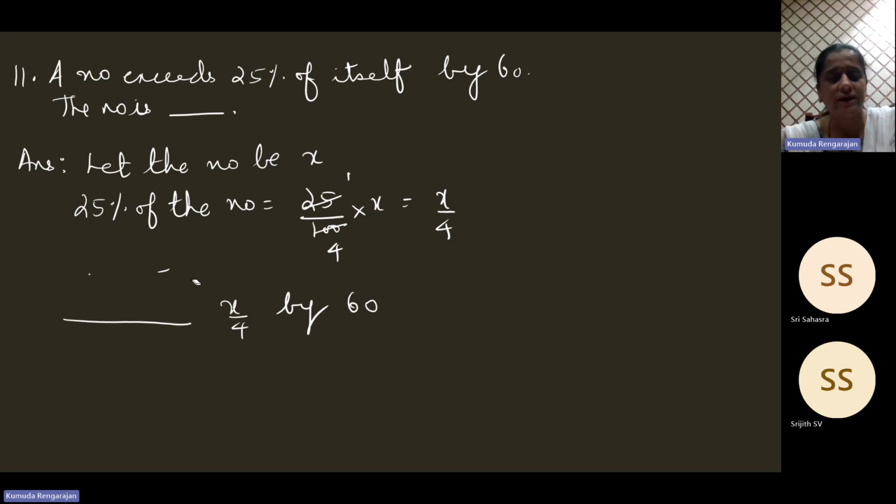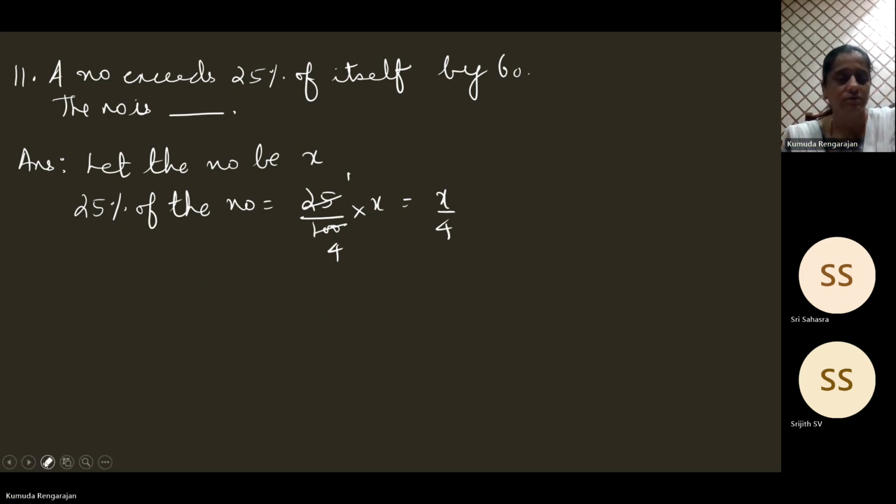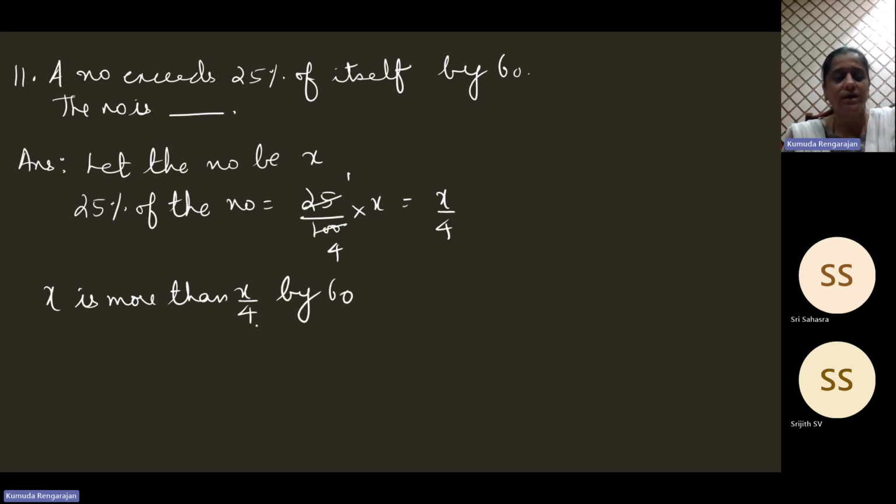Exceeds means is more than. X is more than x by 4 by 60. That means x minus x by 4 is equal to 60. In the book they have given x minus 25 x by 100 is equal to 60. Both are the same.